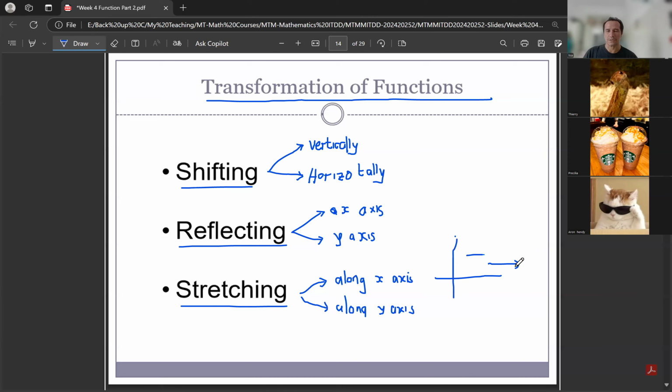What about along the y-axis? It means that the stretching can be up or down.